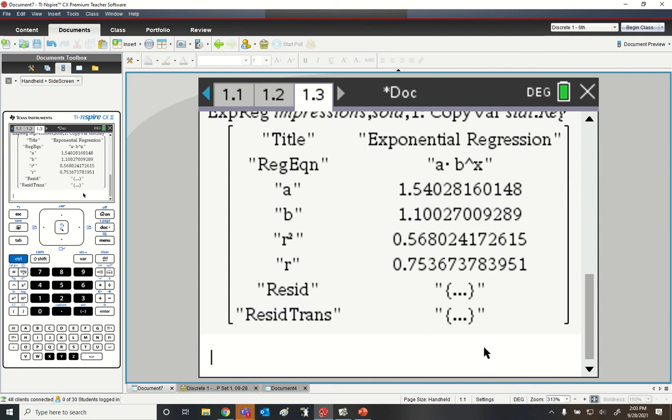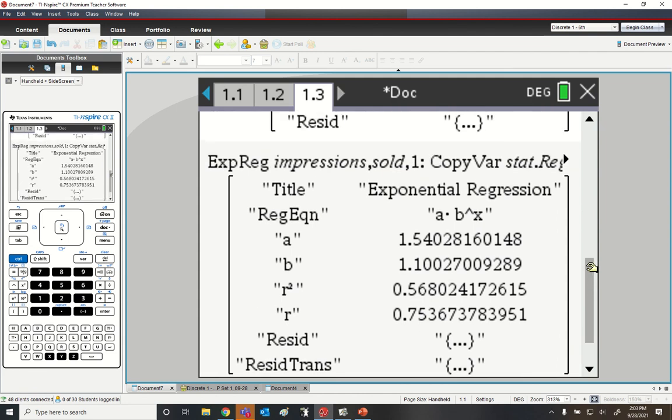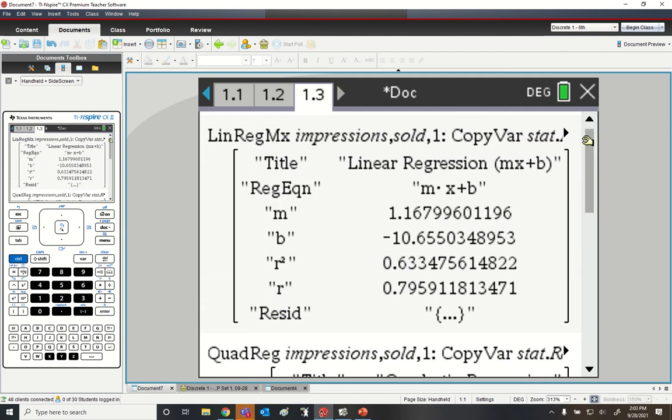So far, what is the best score? Linear. The linear regression with 80%, right? So let's go back to this. I'm going to scroll back up. Here we go. So I'm going to go through and plug in my variables. It's going to be y equals mx plus b. So my m is 1.17.